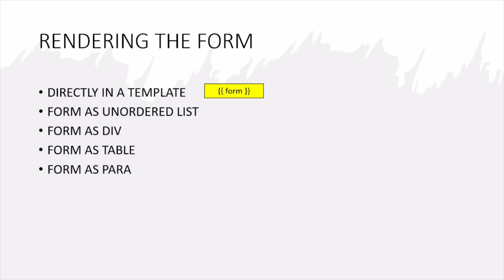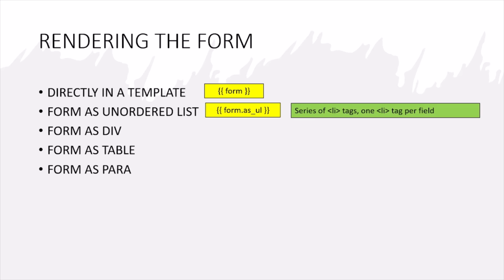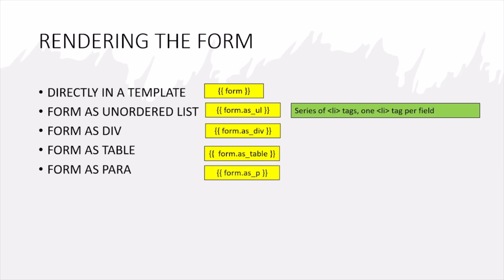To render the form as an unordered list, we use form.as_ul, and this will create a series of li tags, one li tag per field, all automatically done by Django. To render the form as a div, we use form.as_div. To render the form as a table, we use form.as_table. And to render the form as a paragraph, we use form.as_p.